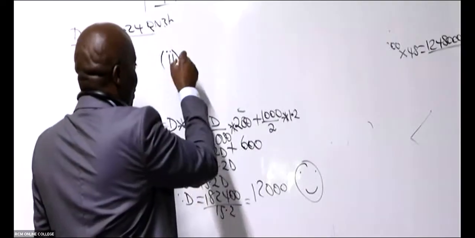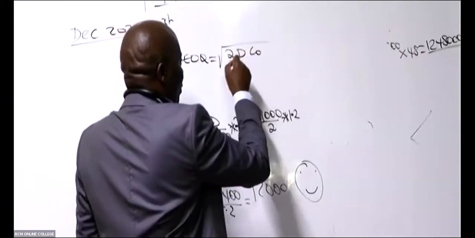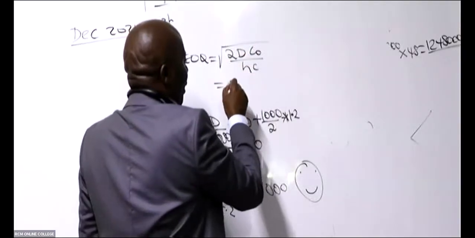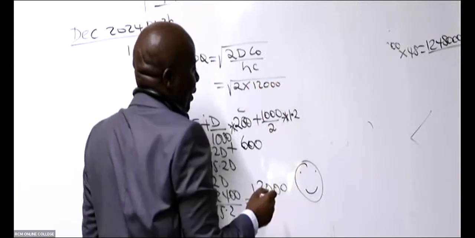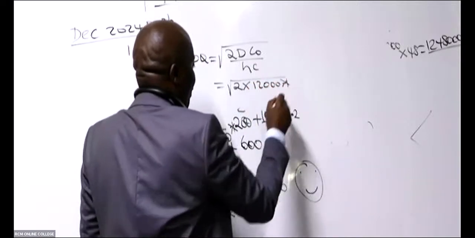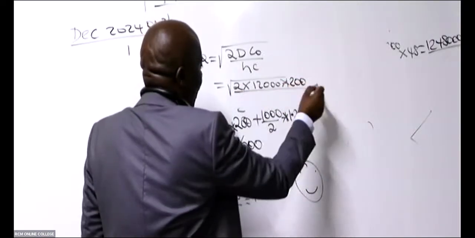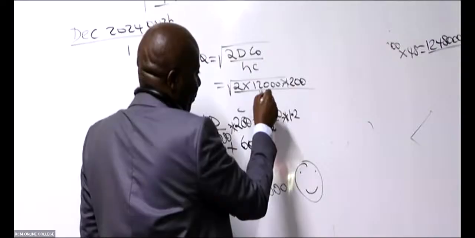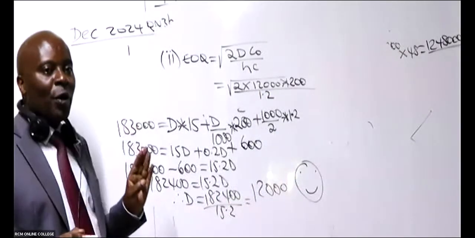So EOQ will be the square root of 2 DCO over HC. Annual demand, you gave me a figure of 12,000, isn't it? How about cost per order? 200, eh? And the holding cost, you guys gave me 1.2, isn't it? Then, first of all, we forget the square root.